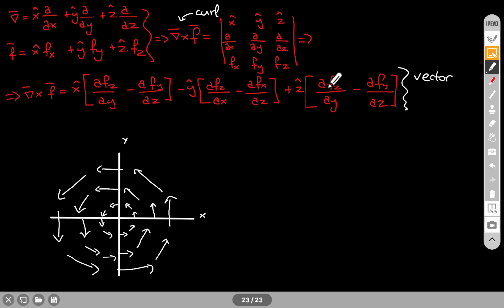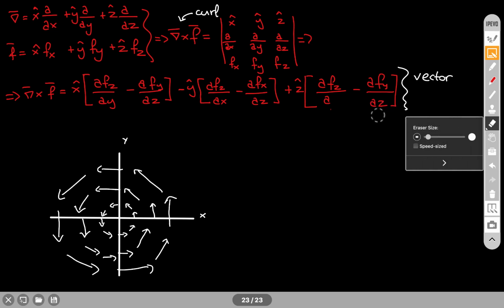I'm gonna look into this last term, the z component of the curl of this particular example. I'm gonna focus on the two terms, the two partial derivatives. Now, this cannot be true. I made a mistake. Let me fix that.